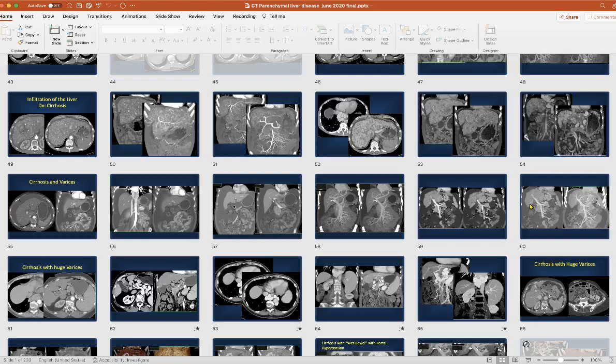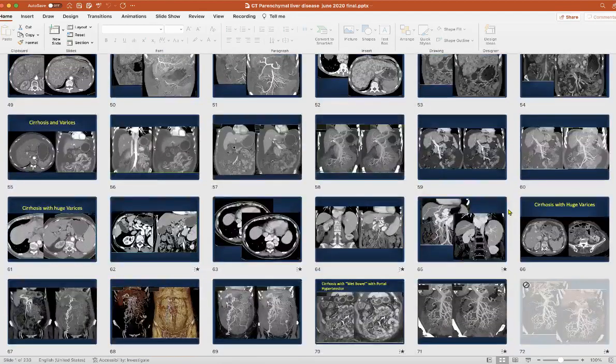I think in patients with parenchymal liver disease, the interpretation of your scans is a little bit more challenging because you need to look at the liver, but you need to look at the consequences of the parenchymal liver disease. So that indeed becomes very important, and it's something to really be aware of.